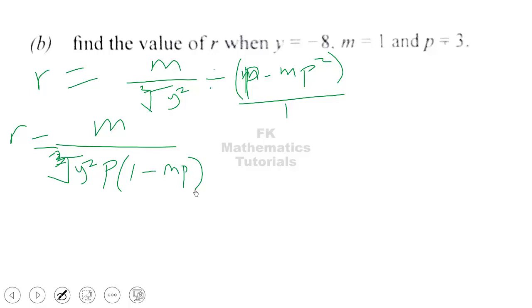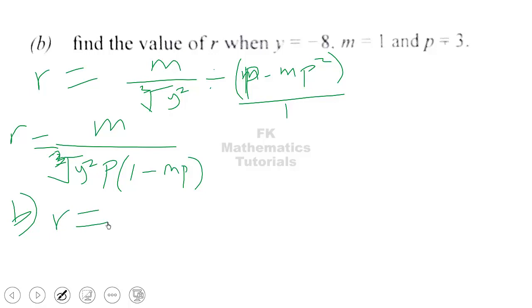Now I want to find the value of R when y equals negative 8, M equals 1, and P equals 3. So let's do that. So we substitute.